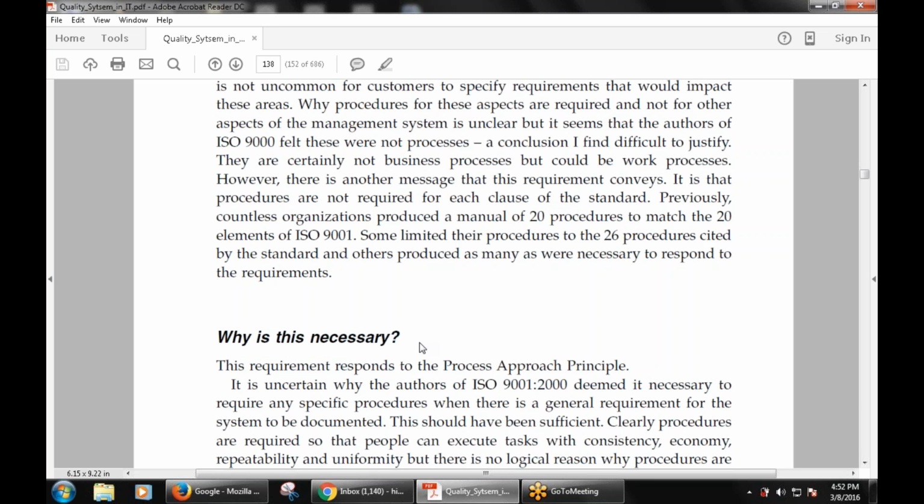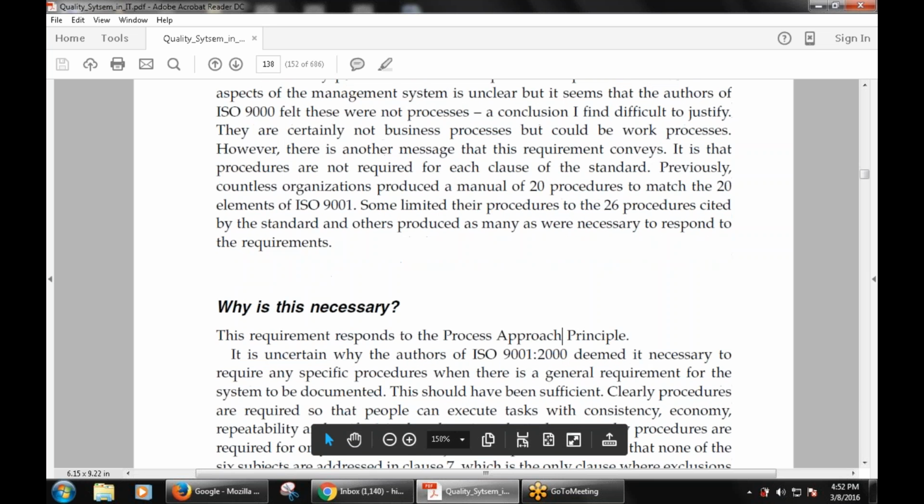It is uncertain why the authors of ISO 9000-2000 deemed it necessary to require any specific procedure when there is a general requirement for the system to be documented.